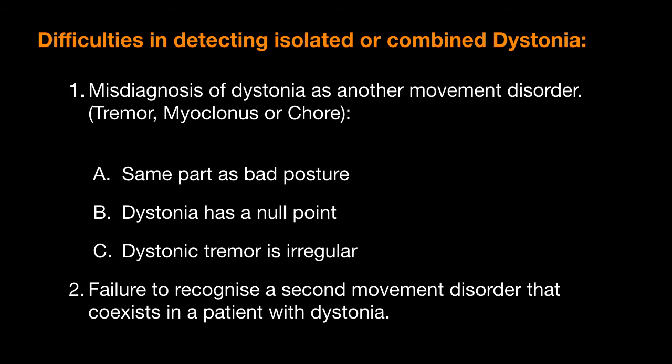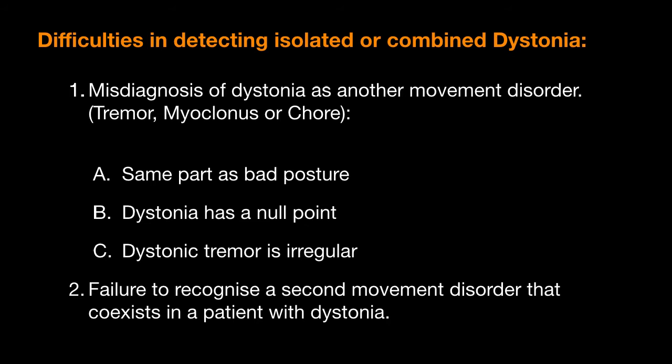Differentiating clinical features: a movement disorder in the same part as a bad posture is more likely dystonic. Like tremor, movement in the dystonic arm is more likely a dystonic tremor than, for example, a Parkinsonian tremor. Sometimes dystonia has a null point. In such a case, if a cervical tremor diminishes on turning the head to the left or right, it is more likely a dystonic tremor than an essential cervical tremor.